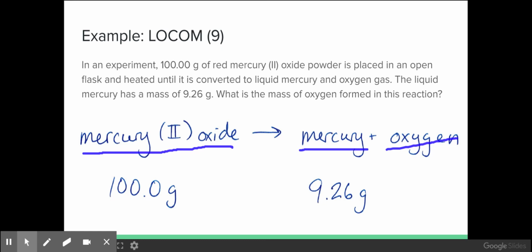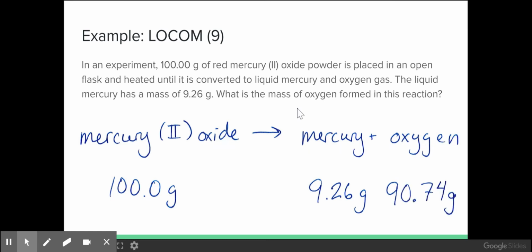Well, if I started with 100 grams and I have 9.26 grams of mercury, then the amount of oxygen would simply be the difference between these two numbers. So 90.74 grams would be the remaining mass of that 100 grams.